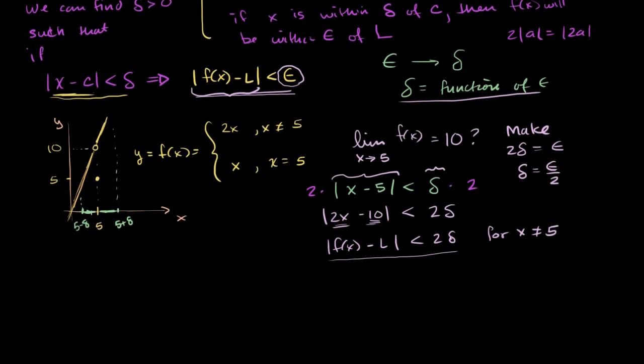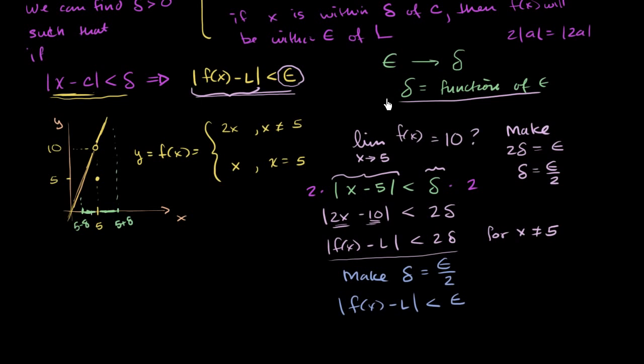So if you make delta equal epsilon over 2, then this statement right over here becomes the absolute value of f of x minus L is less than, instead of 2 delta, it'll be less than 2 times epsilon over 2, which is epsilon. So this is the key.